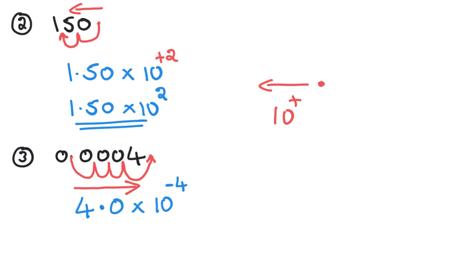When you move the decimal point to the right, depending upon how many digits you are moving, you will subtract to the power. So now, is this number in standard form? 4.0 into 10 to the power minus 4. So do you get the idea now how you change the numbers into standard form? Let's try a few more.